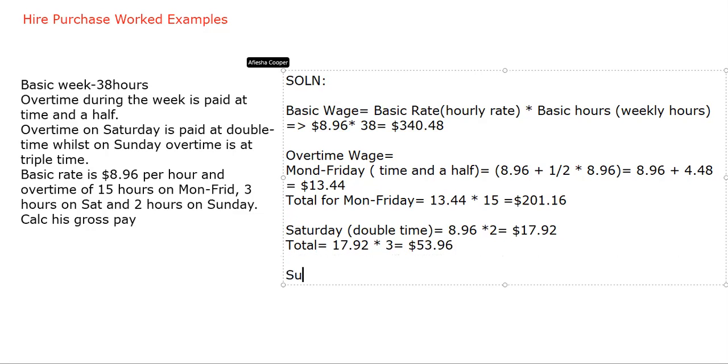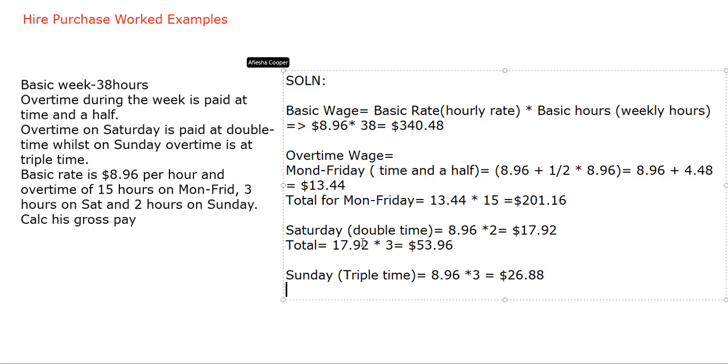Now, lastly, we do overtime for Sunday, which is triple time. And we know now, because double time is by 2, triple time will be by 3, which would now be 26.88.